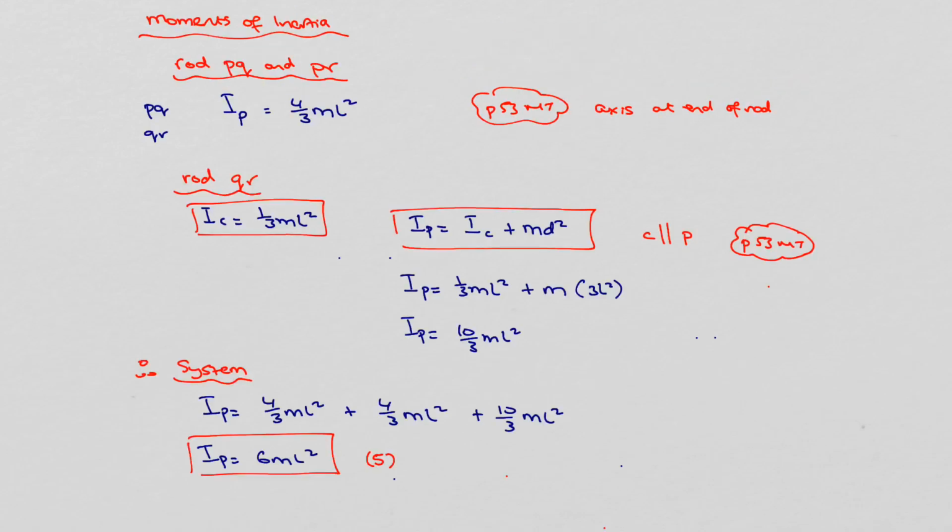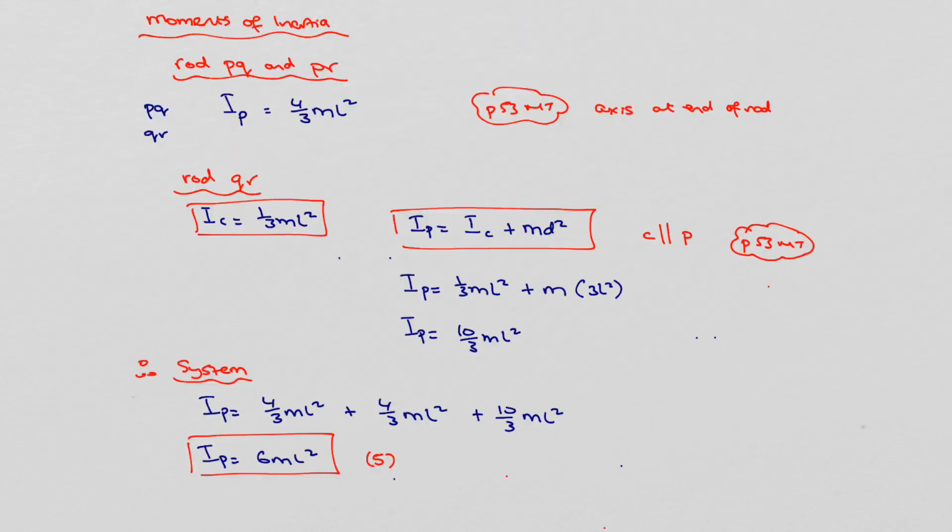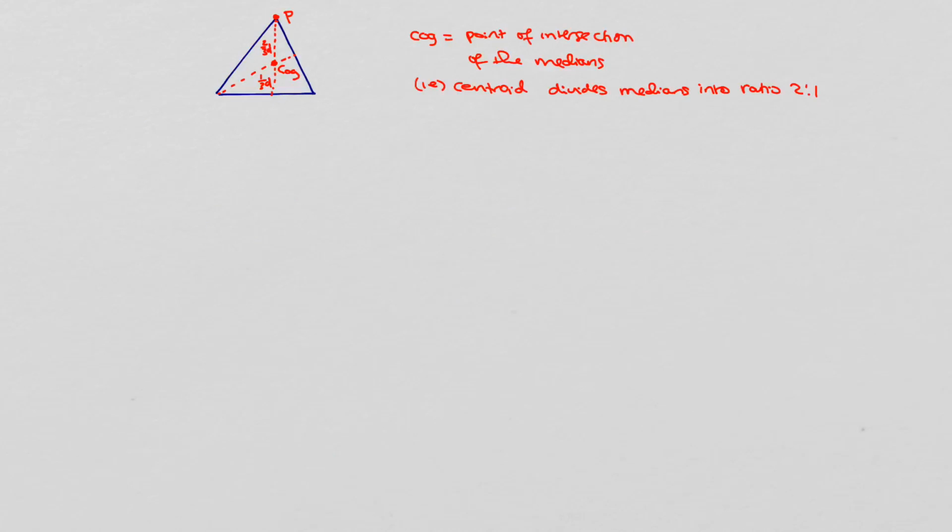Remembering, if we go back to the previous diagram, that I called the line from P to the midpoint of QR, D. So the ratio 2:1 means that it is 2/3 of the way down for the centroid, or the centre of gravity. And therefore this is h, the distance from the centre of gravity to our axis point in our period of small oscillations formula.